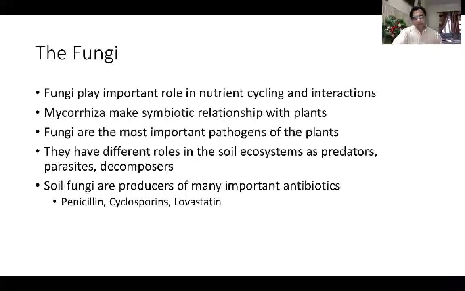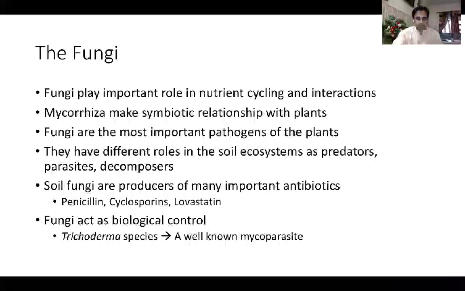Then there are soil fungi which have been used in biotechnology for production of different antibiotics like penicillin, cyclosporine, and lovastatin. Then there are some fungi which have been used as biological control.